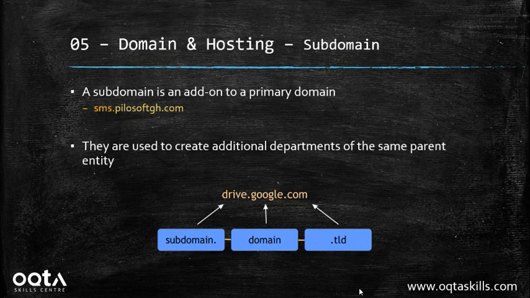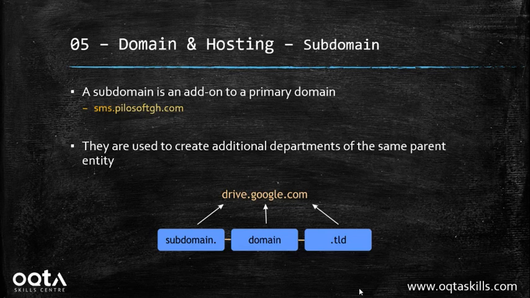The next thing we are going to look at is a subdomain. A subdomain is basically an add-on to a primary domain. So if we have a domain like pillowsoftgh.com, which is the domain for Pillowsoft services, and Pillowsoft GH also runs a bulk SMS platform which is accessible via the internet.